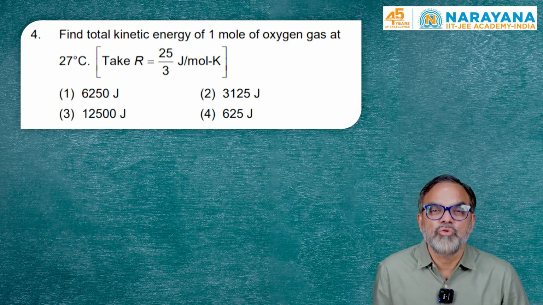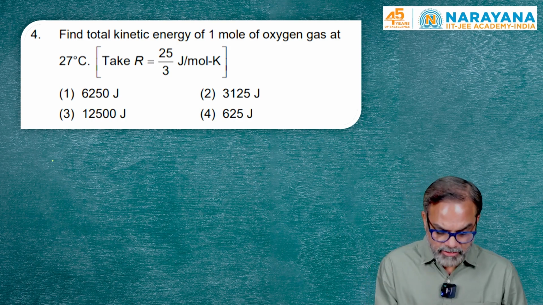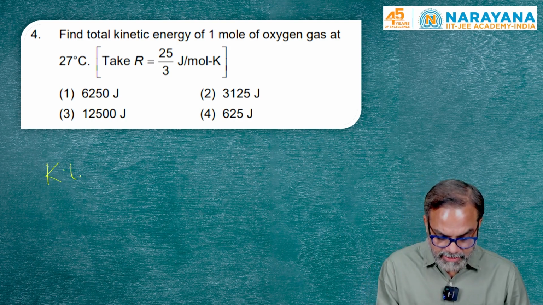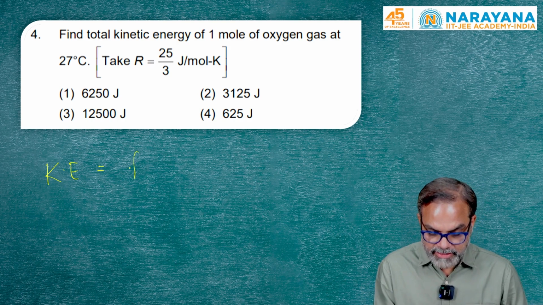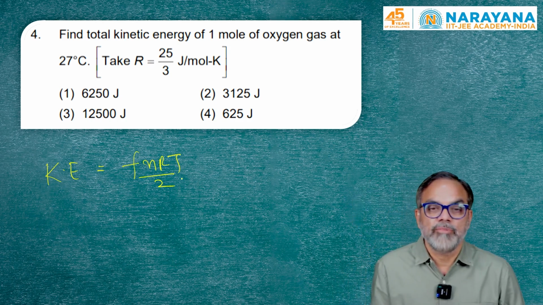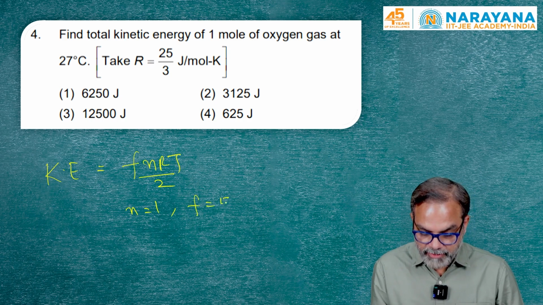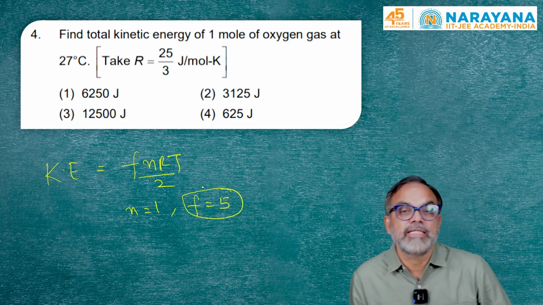We have to find out the total kinetic energy of 1 mole of oxygen gas. Now for this total kinetic energy, we know the relevant formula: degree of freedom f into nRT by 2. So f is degree of freedom, n is the number of moles. Here in this case n is 1 and degree of freedom will be 5 because oxygen is diatomic.